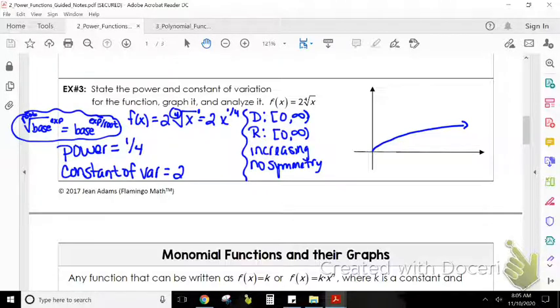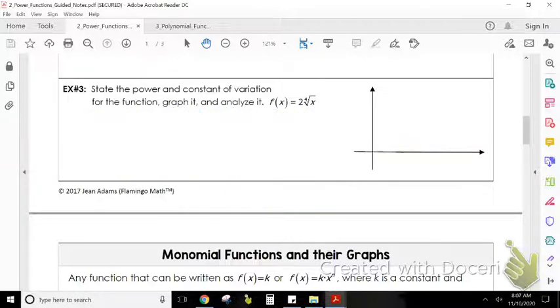It doesn't have a local or relative minimum, but it does have an absolute minimum. And that's the very bottom point. And so the absolute minimum, I'm just going to abbreviate it, is at x equals 0. It does not keep going down, so we can say it's bounded below. All right, just a few things there. Okay, so moving on.